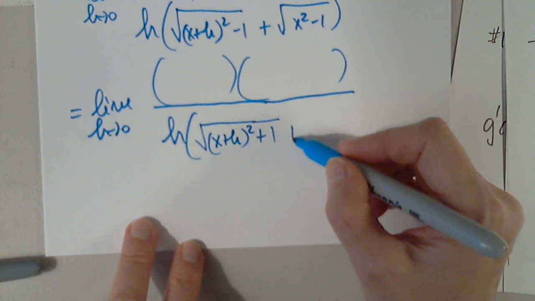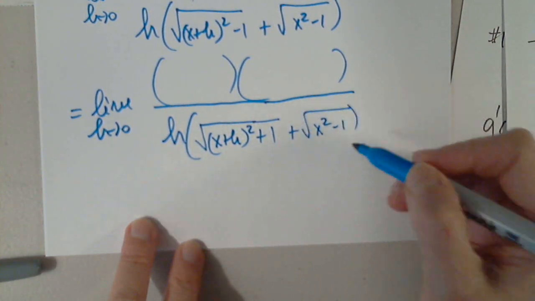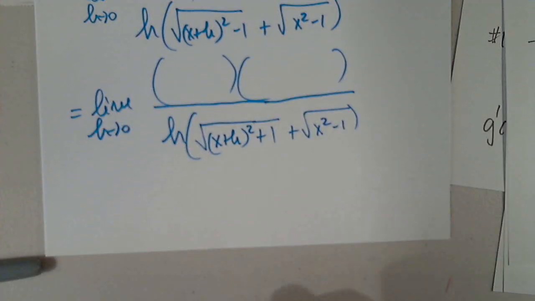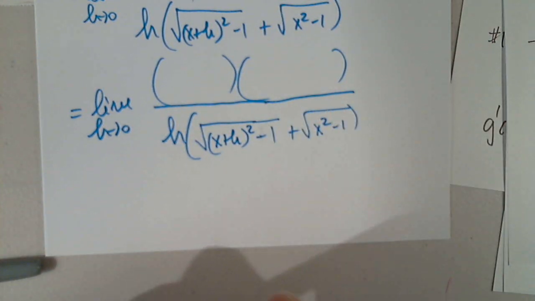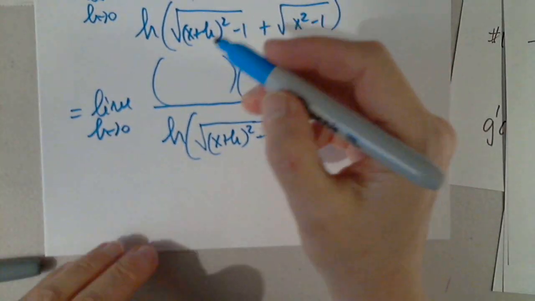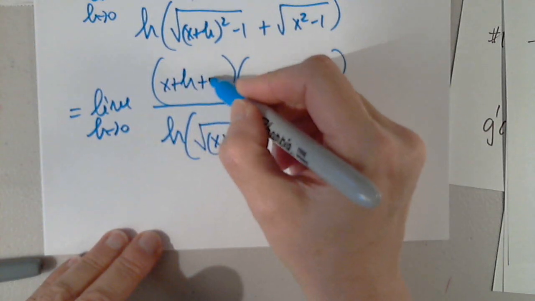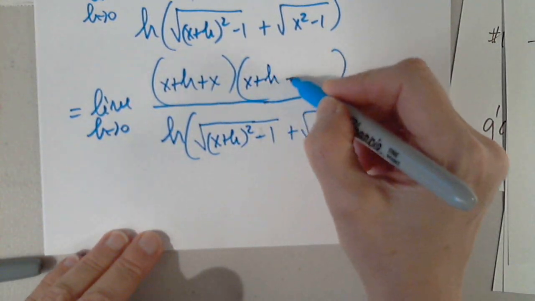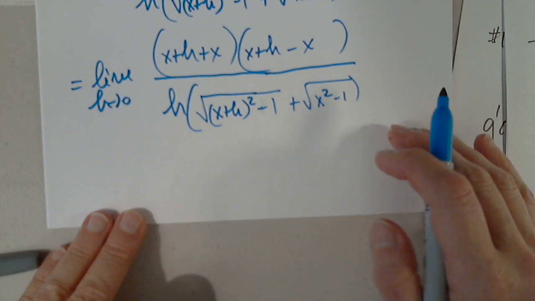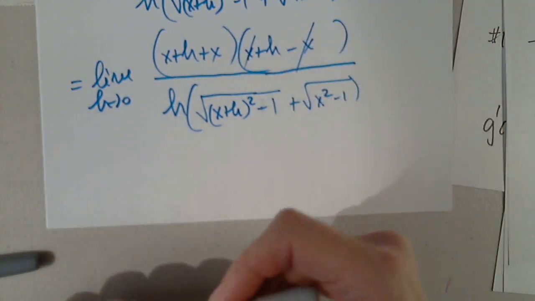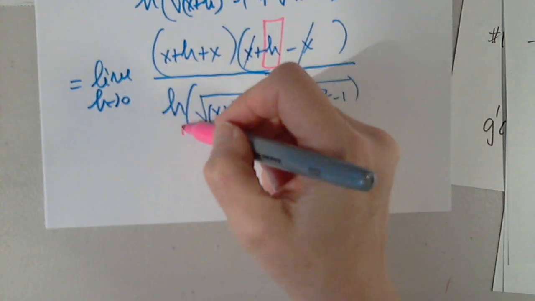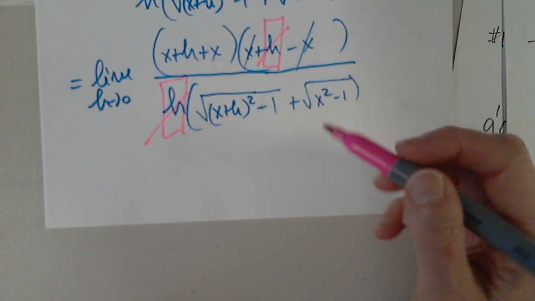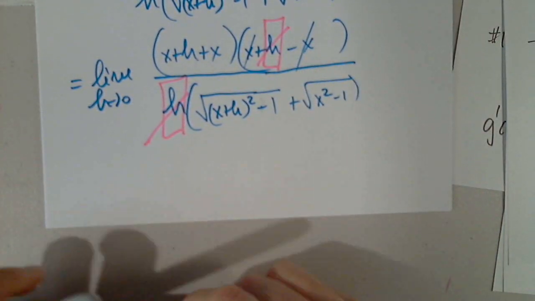So then the numerator will be x plus h plus x, times x plus h minus x. These two will go away. Eventually, this will go away because these two go away.